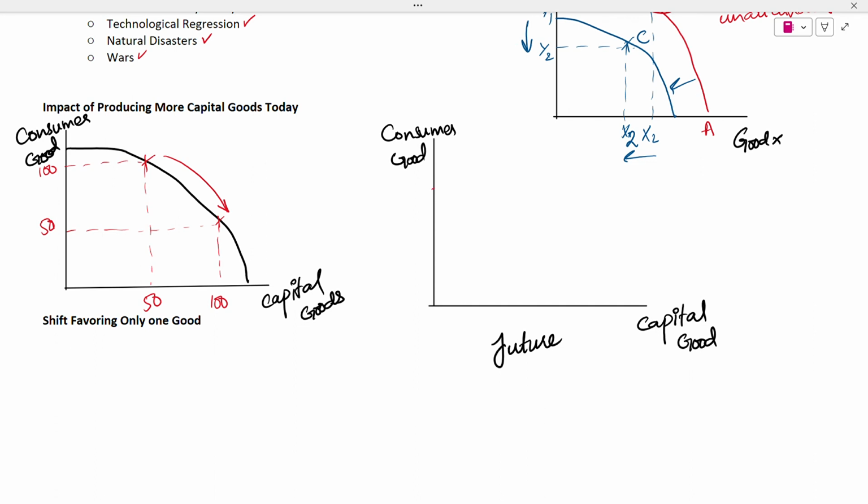So in future, our production possibility curve will shift outwards if we allocate more resources to production of capital goods today. So if we produce more capital goods today, in the future, our production possibility curve will shift outwards.